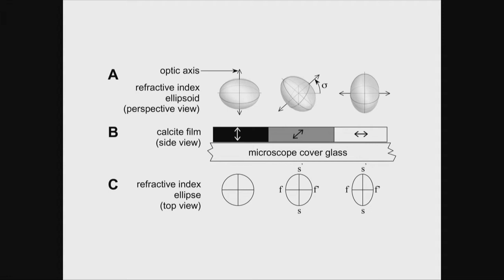The dark crystal had its optic axis parallel to the viewing direction, whereas the bright crystals had them perpendicular to the viewing direction or at some angle.